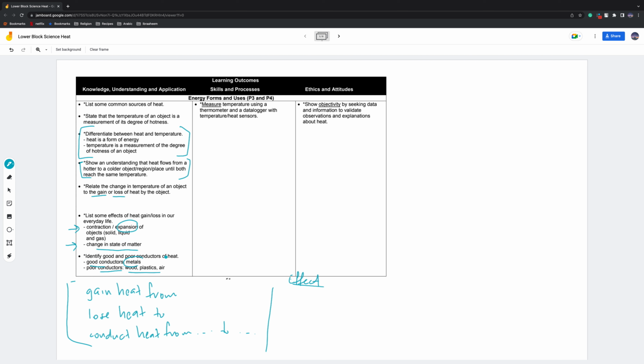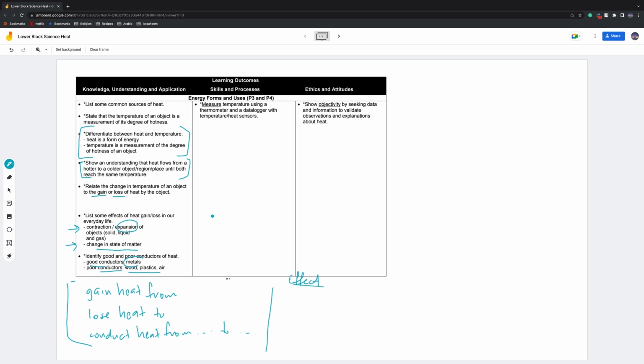Okay, and you also need to know one more thing. You need to know the type of materials that is used to keep maybe food or water warm longer or hot longer, and the type of materials to keep food or drinks cold longer.